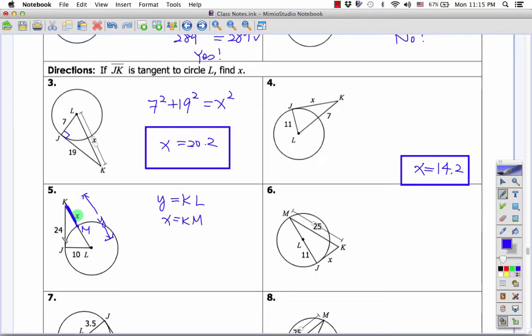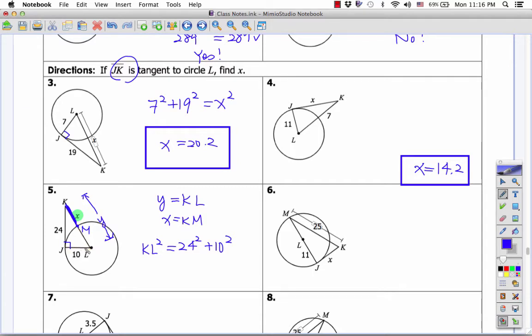Now, this obviously is a right triangle because it's given that JK is a tangent line. So I have one leg, I have the other leg. I should be able to calculate the whole length of KL. So KL squared should equal 24 squared plus 10 squared. Notice KL, I know X, but do I know ML?